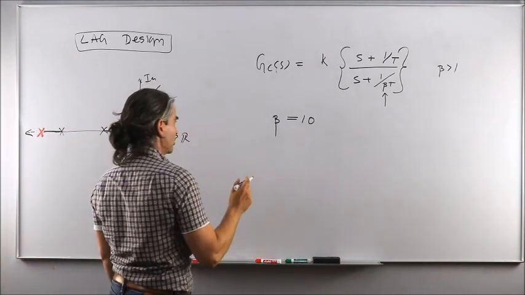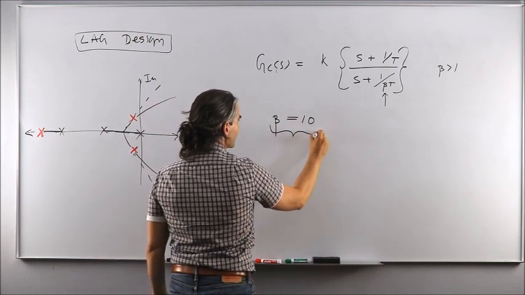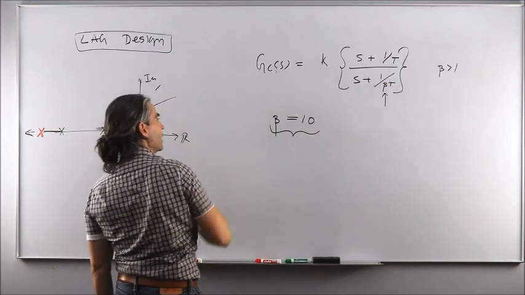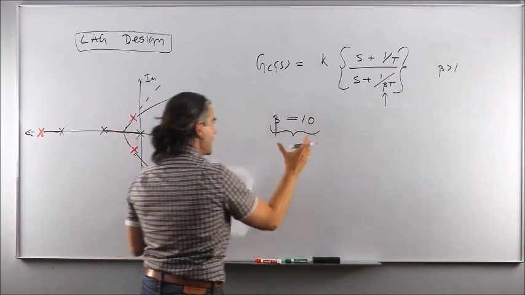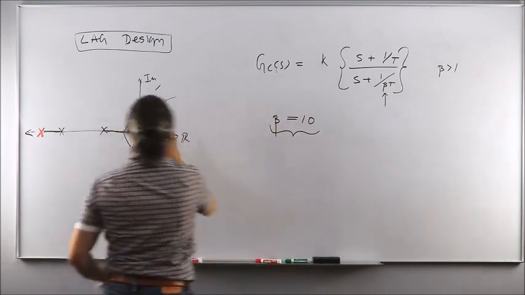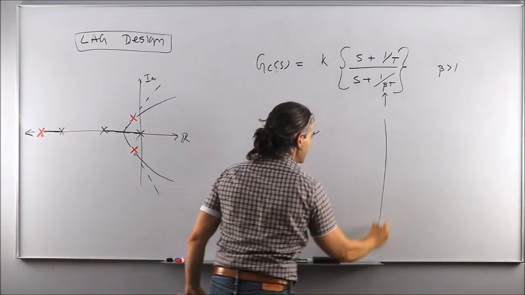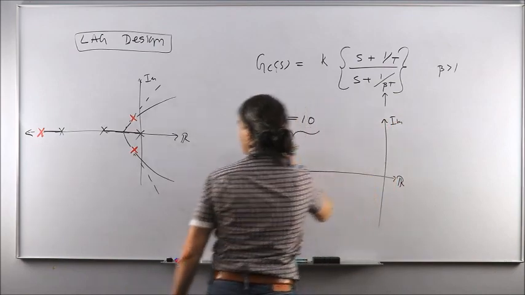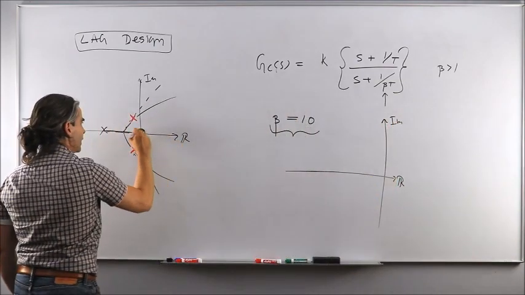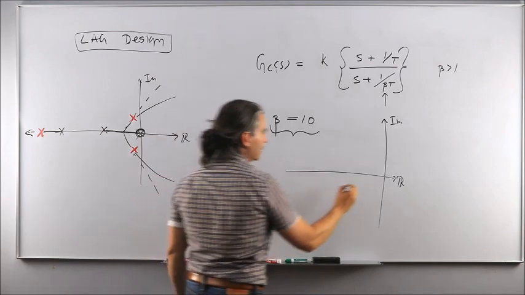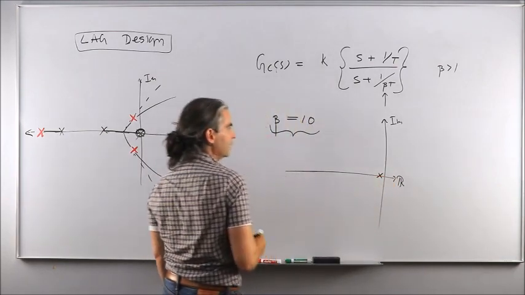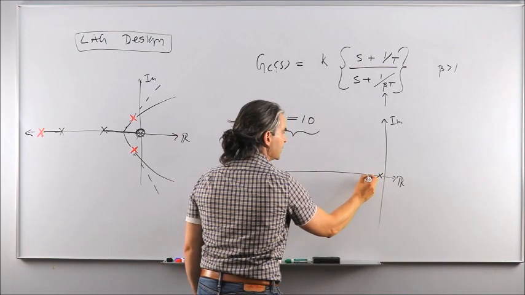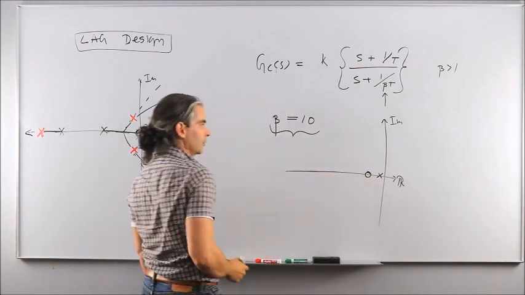So the trick to make sure that you ensure a relative position of your zero 10 times further to the left compared to the pole, yet having them close to each other, not disturbing everything, is to really zoom in. You got to zoom here as tight as you can. You got to place the pole as close as you can to the imaginary axis, such that 10 times a tiny bit here would still give you a tiny bit 10 times further to the left.